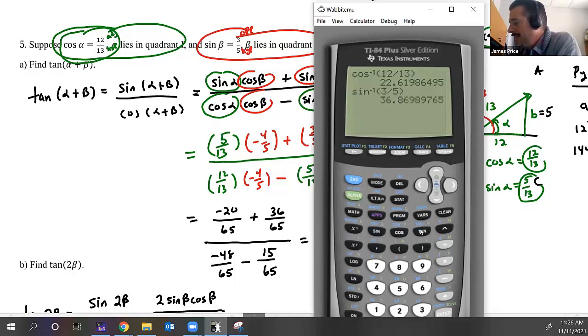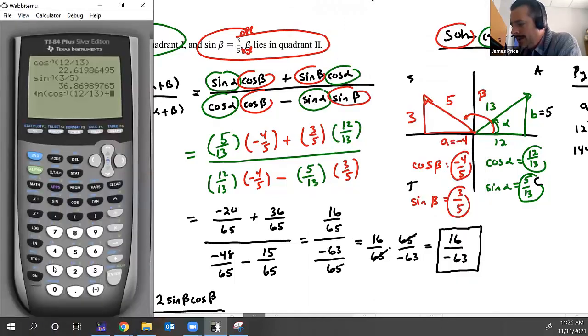So when I check this, here's how I check it. I do the tan, and I do second cosine inverse, second cosine inverse of 12 over 13, because remember that was in the right spot, in parentheses, and then I would add 180, I gotta get up here to get to the 0, so 180, and then minus second sine inverse of 3 over 5, because that's that angle in the second quadrant.